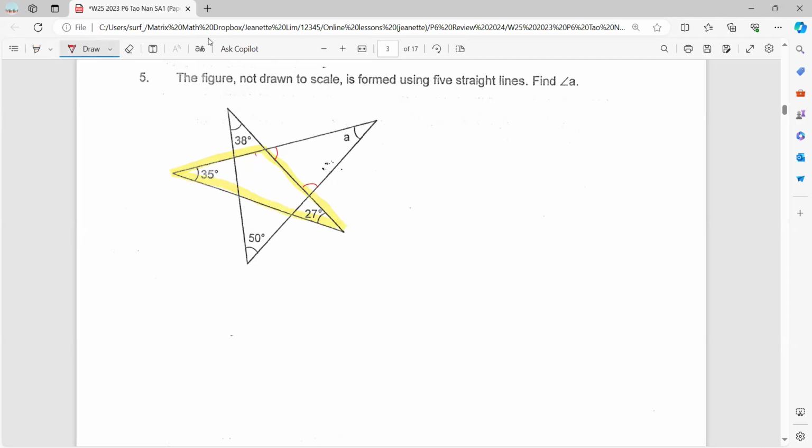So I'll be finding this angle here first, which is 180 minus 35 minus 27, which is 118 degrees. Then we take 180 minus 118 degrees because angles on a straight line to help us find this angle here.